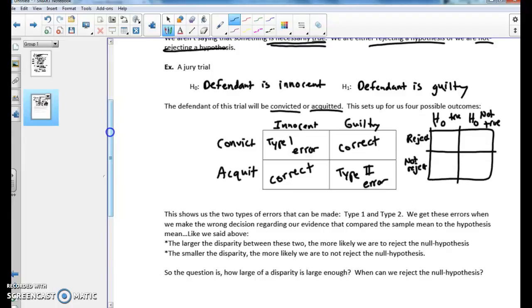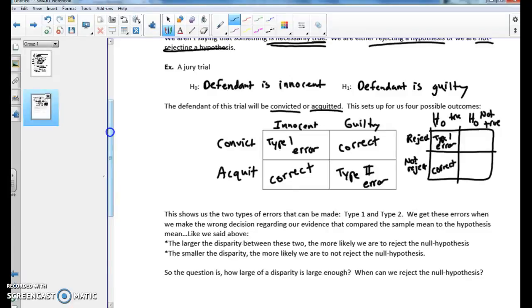So when you're evaluating this null hypothesis, if your null hypothesis is true and you reject it, that is a type 1 error. You don't want to reject something that's true, right? If it's true, you want to not reject it. That would make this box correct.